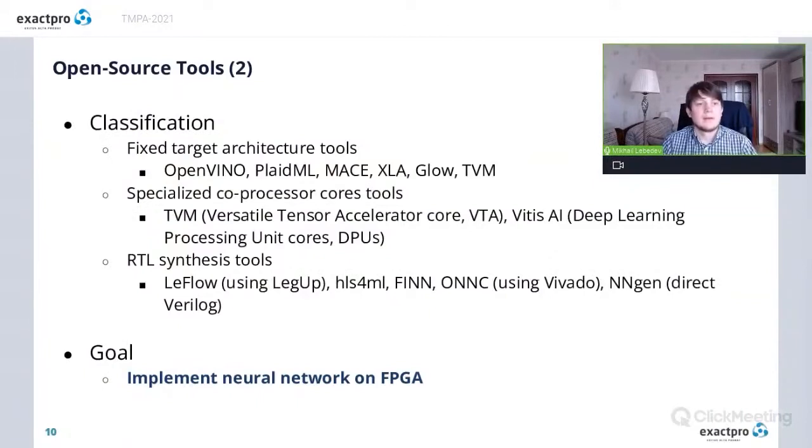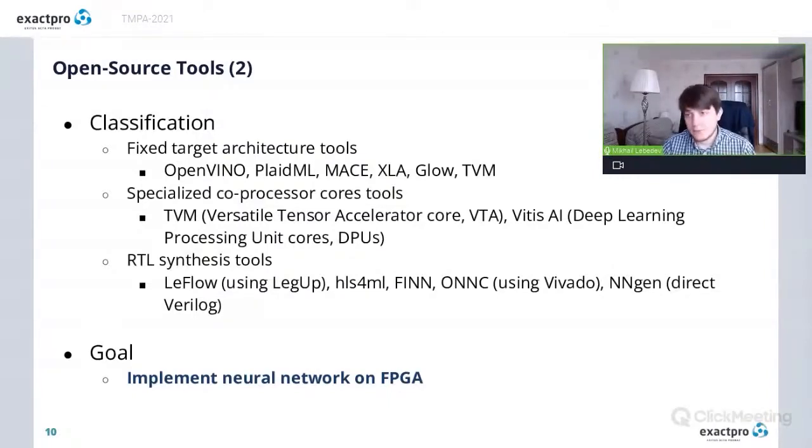We can divide these tools into three groups. The first group consists of the tools which run inference of neural networks on the fixed architectures like CPUs, GPUs, and tensor processors, and others.